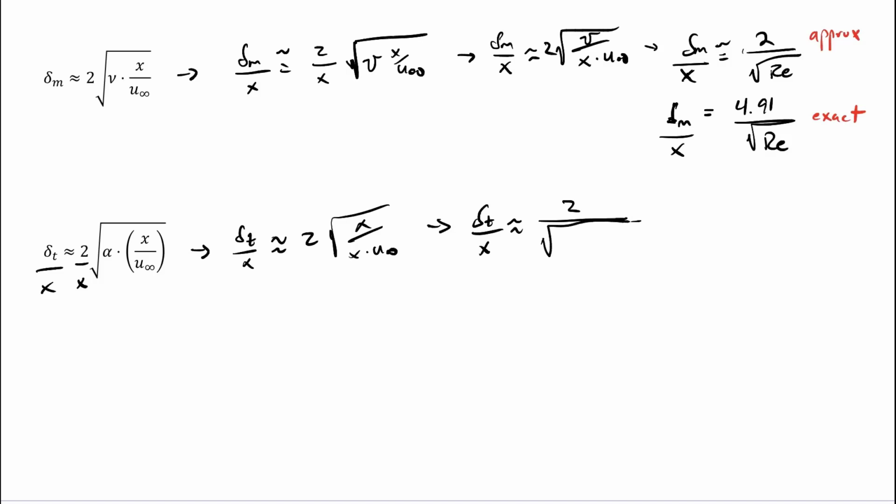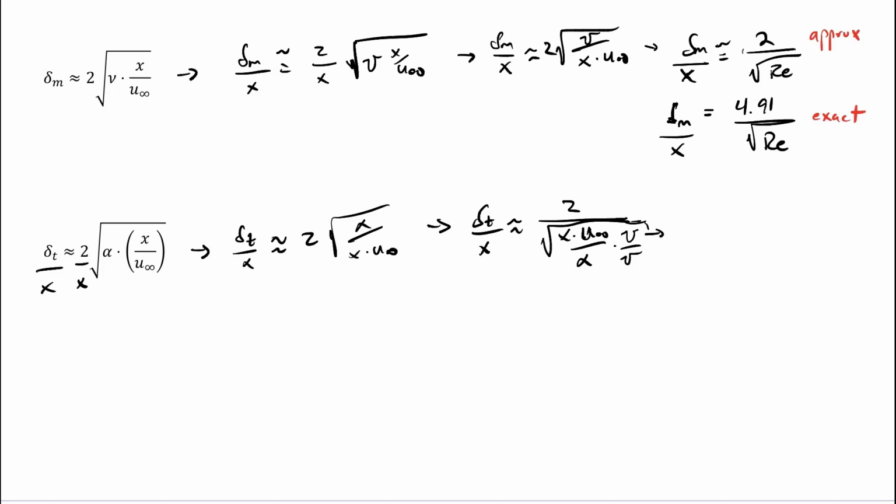So we'll say this is x times u infinity over alpha times nu divided by nu, all of that inside the denominator. We're just trying to get this to something that looks similar to the actual solution.